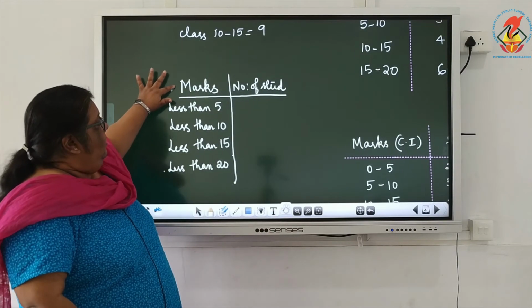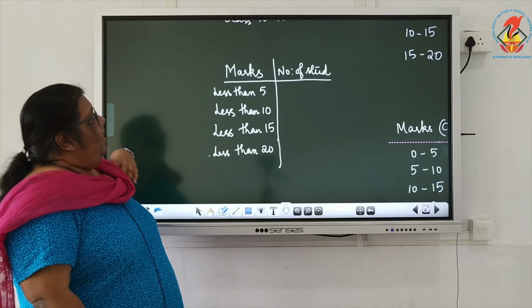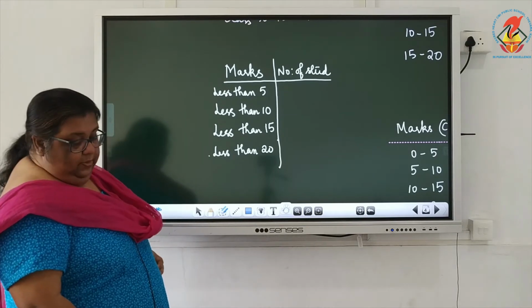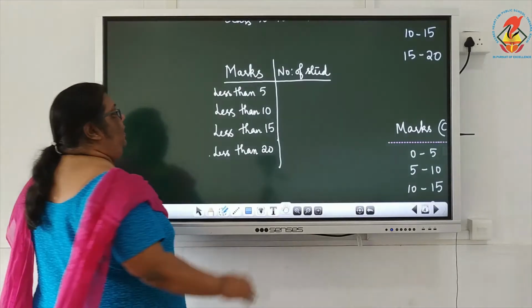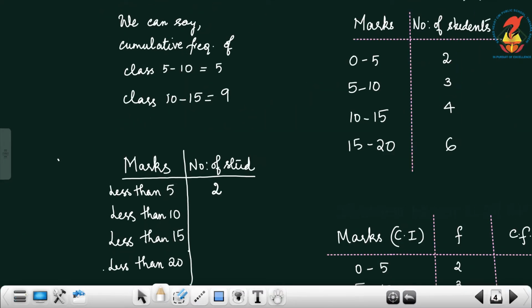So I can rearrange the table and write it. Marks less than 5. How many students got marks less than 5? 2 students. How many students got less than 10 marks? 2 plus 3, 5 students.